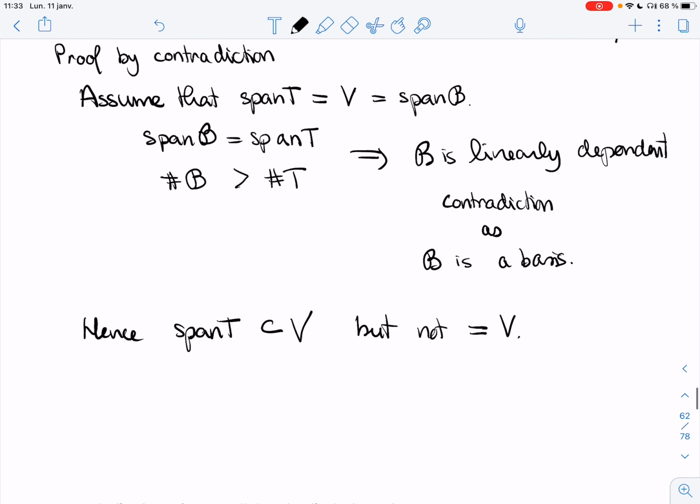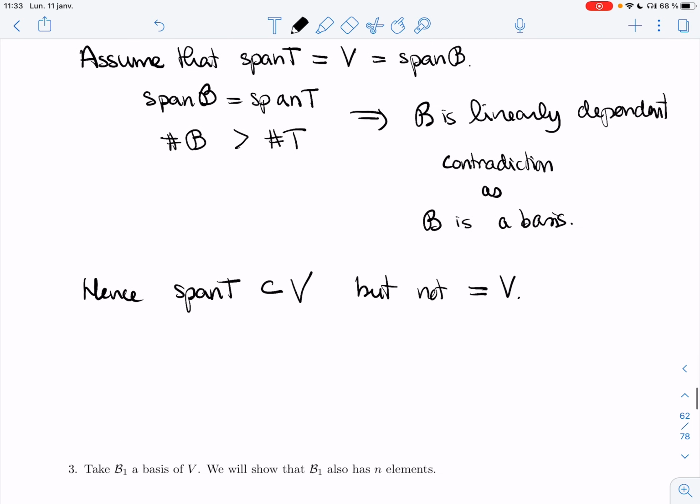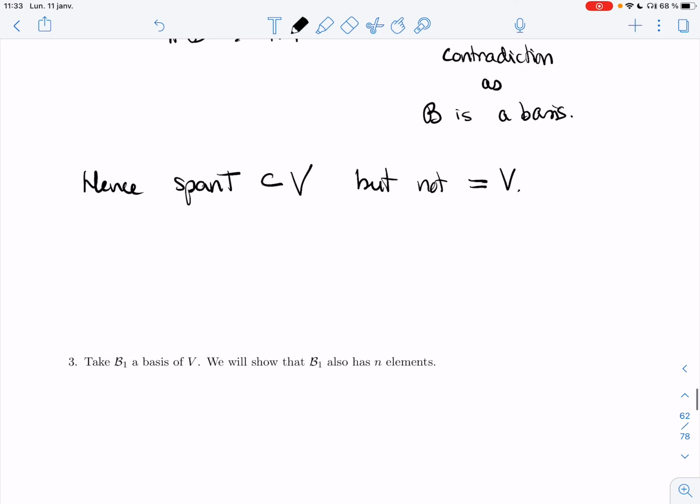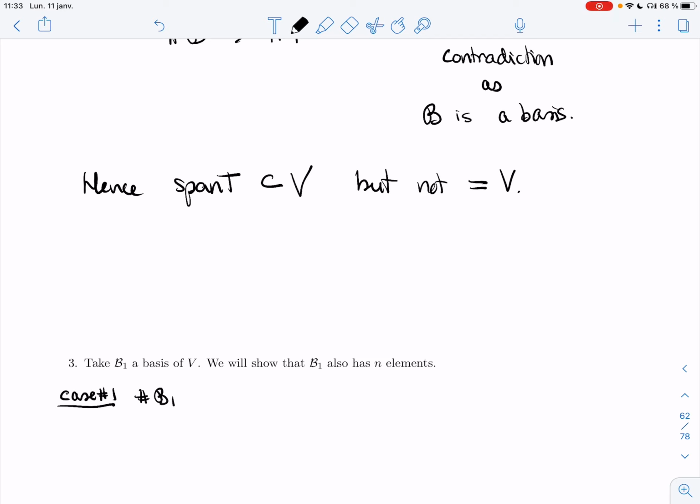All right, so we're already using this to show that B1 also has n elements. All right, so case number one, number of elements of B1 is bigger than n.